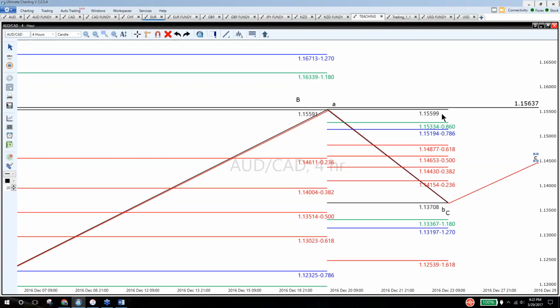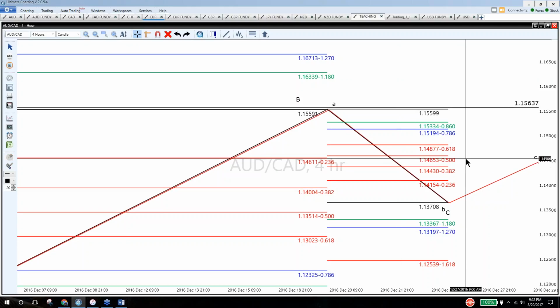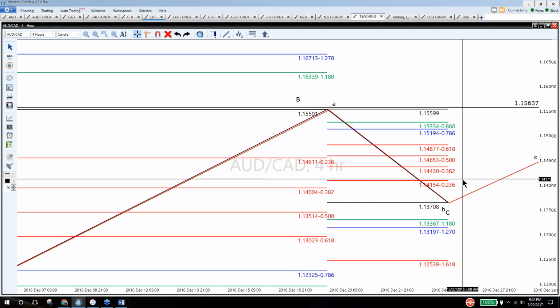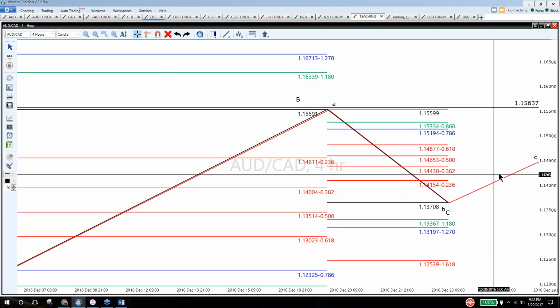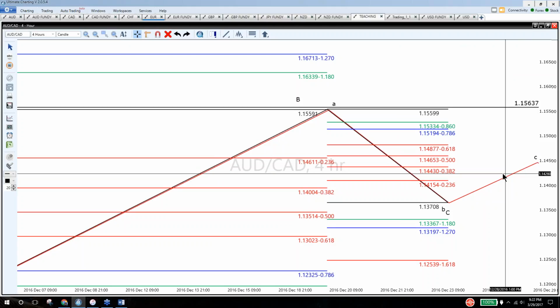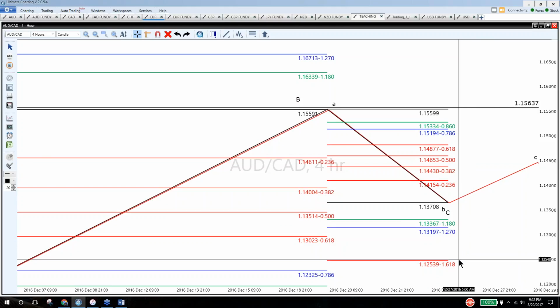I'm looking at this down sub-AB boundary. What kind of retracement do I have here? .382, almost a .50.